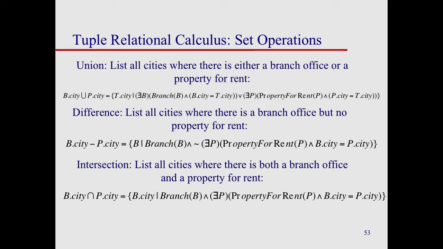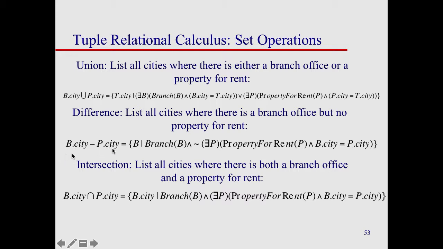Okay, now remember that the relational algebra had union, intersect, and set difference. So here are the comparable queries, and I apologize for it being kind of small print here. I'm going to do the two that are more understandable first.